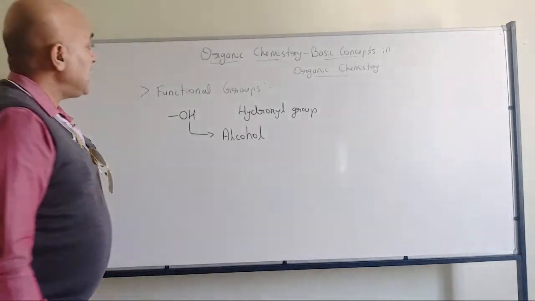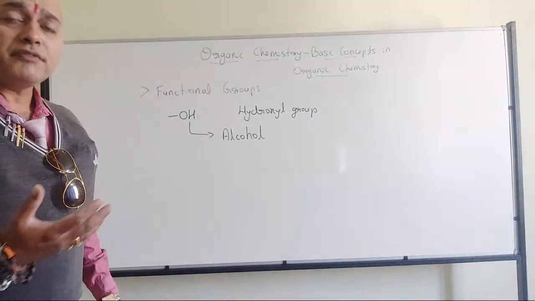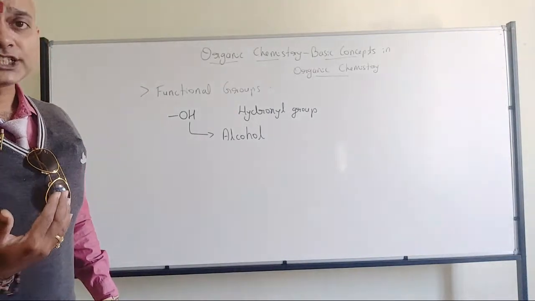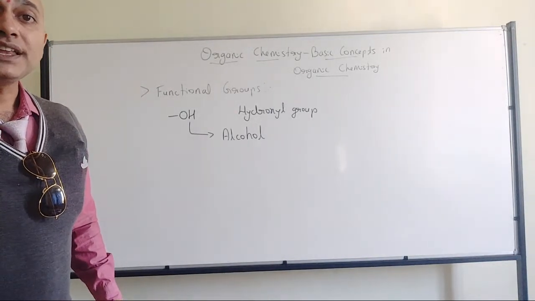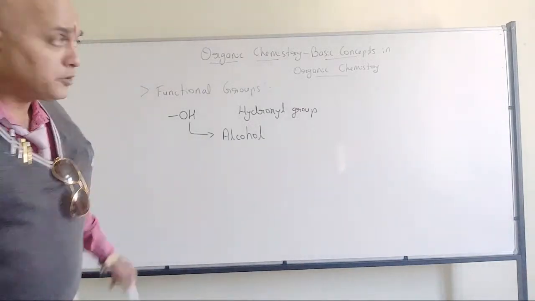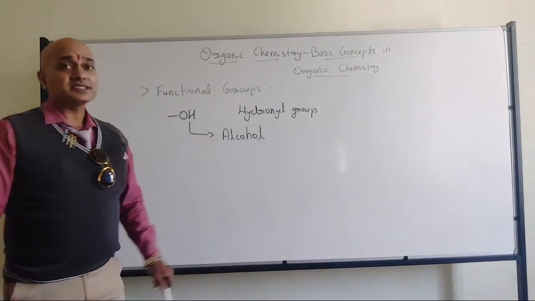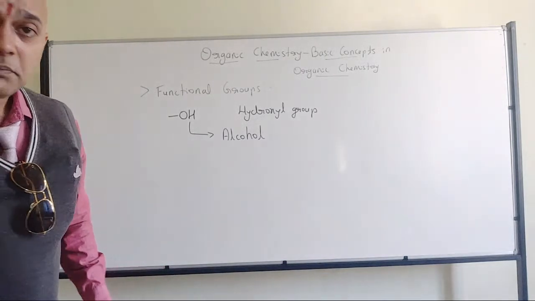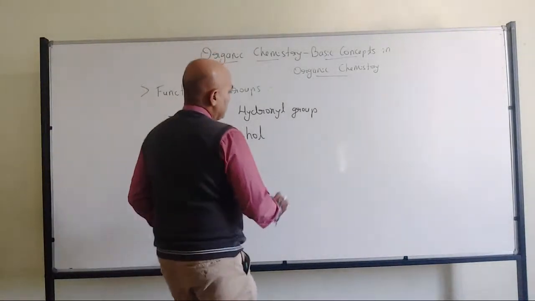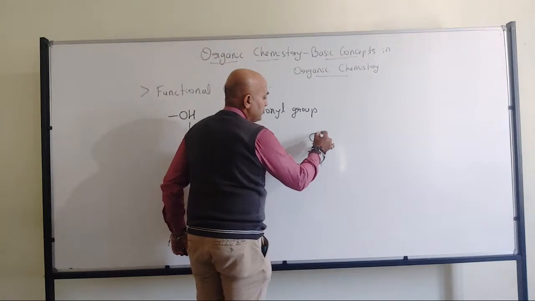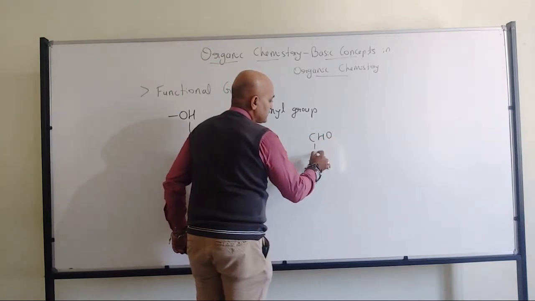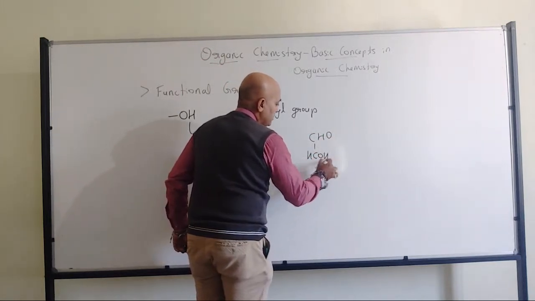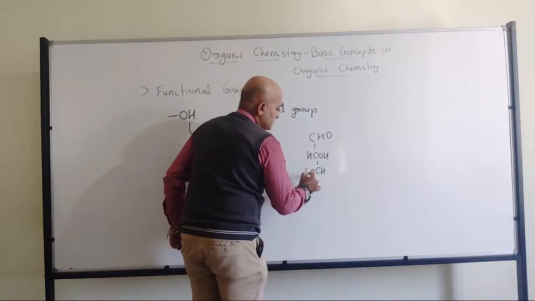So we have the hydroxyl group when we consider only OH. But when it is behaving as the functional group, it will be considered the alcohol functional group. A simple example is a molecule called glucose.